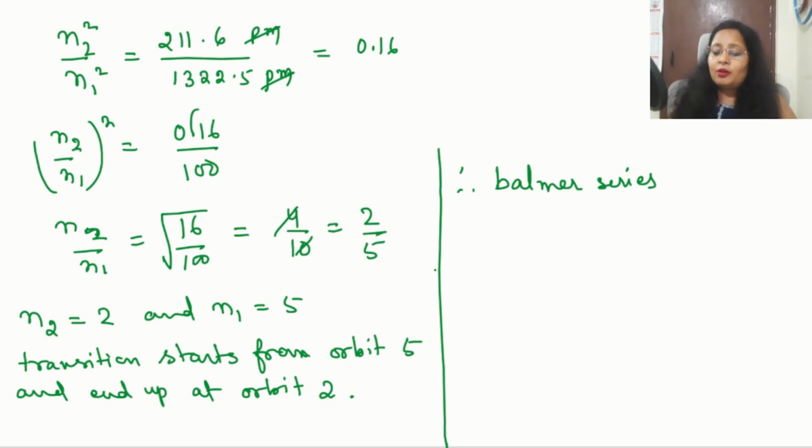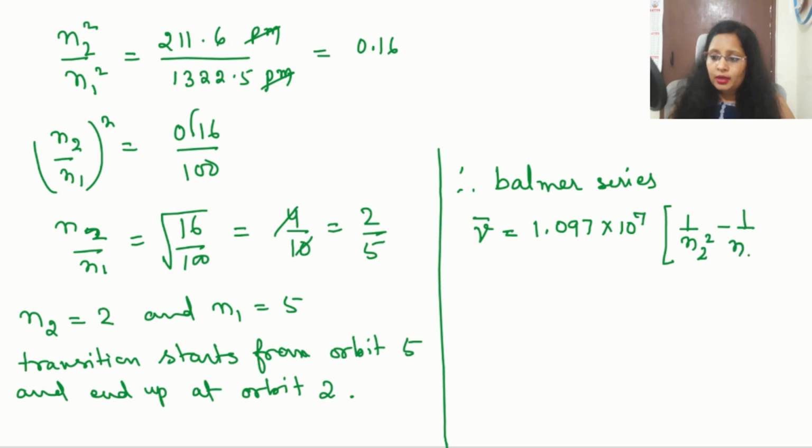Now the next part of the question is the region of the spectrum, and lambda means wavelength. One more formula I am going to introduce. Mu bar is equal to, now you have to remember this formula, 1.097 into 10 to the power 7, into (1 upon n2 square minus 1 upon n1 square).